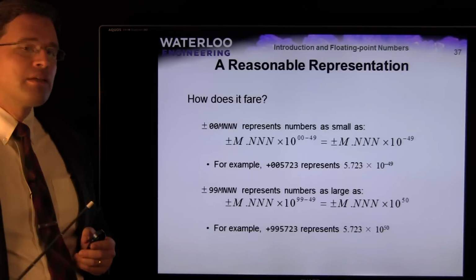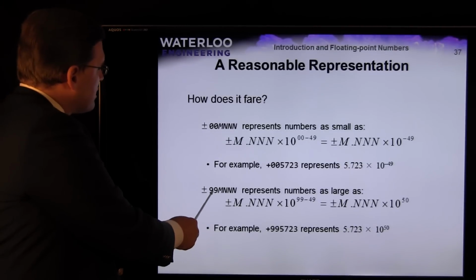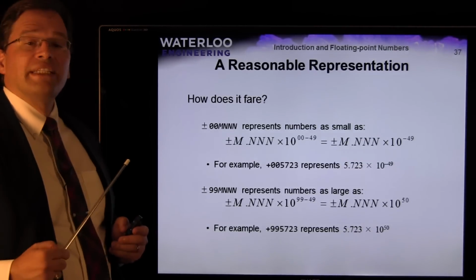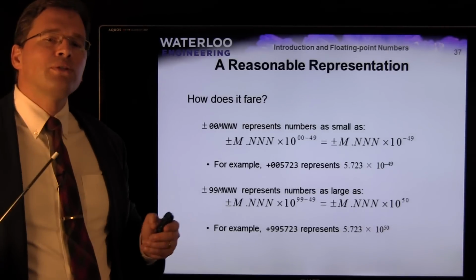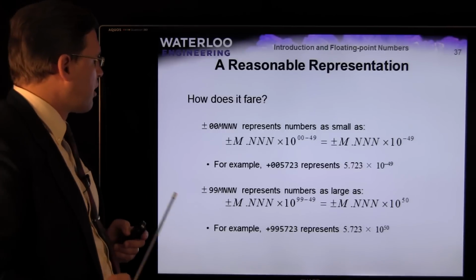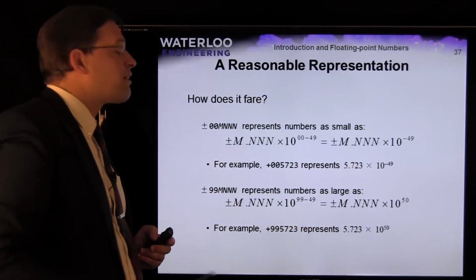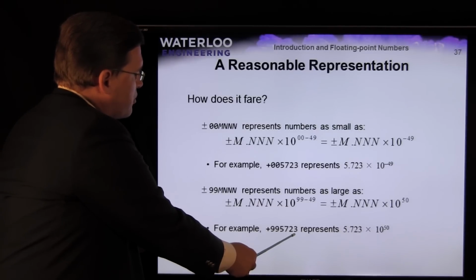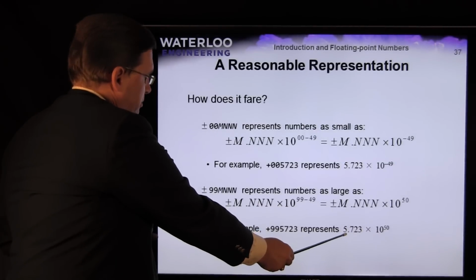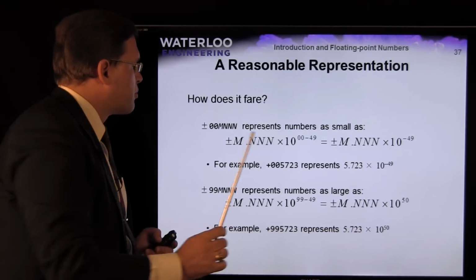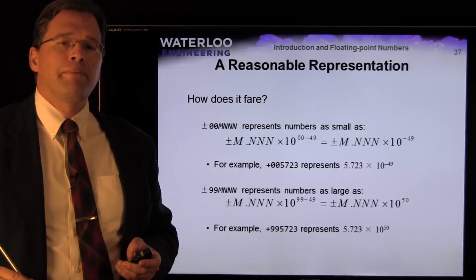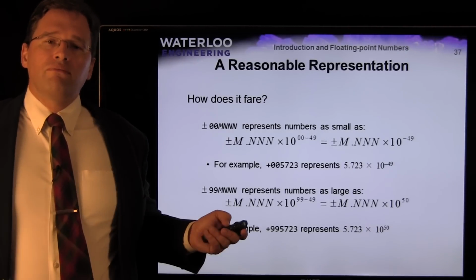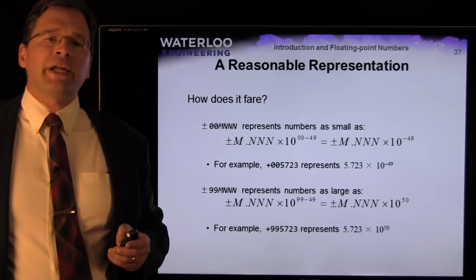On the other end, if the first two digits are 99, those are very large numbers. Those are numbers as large as 10 to the 50 and larger. So for example, 995723 represents 5.723 times 10 to the 50. That is a very large range.